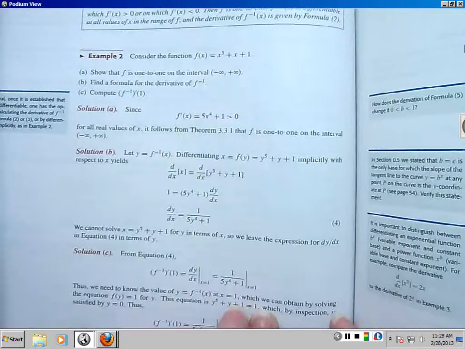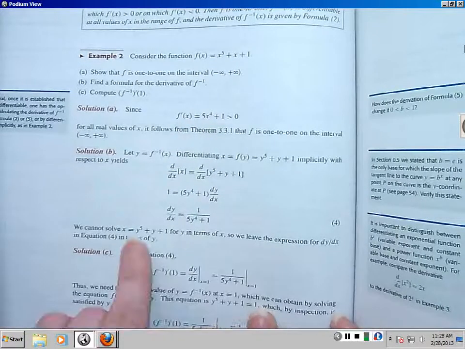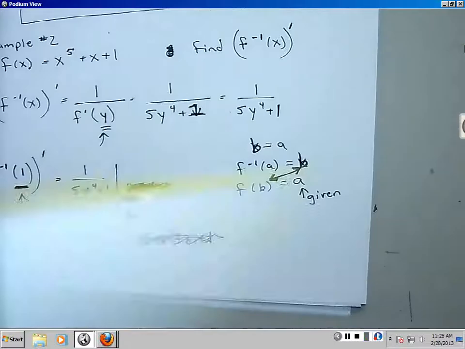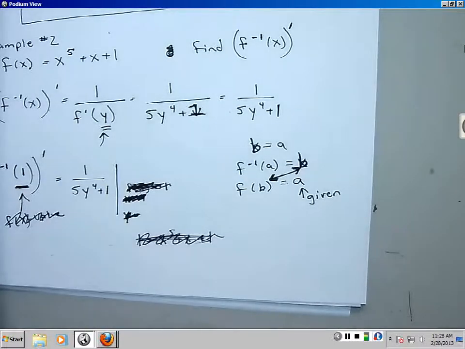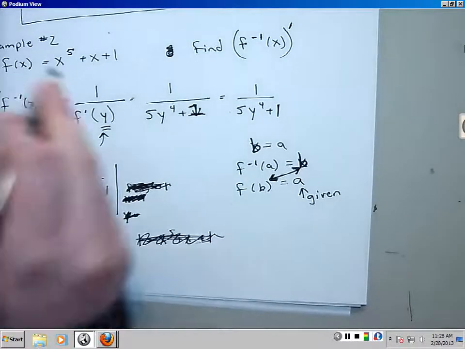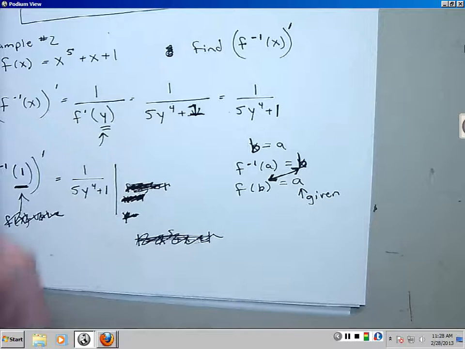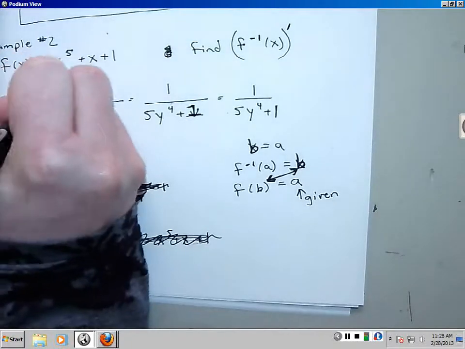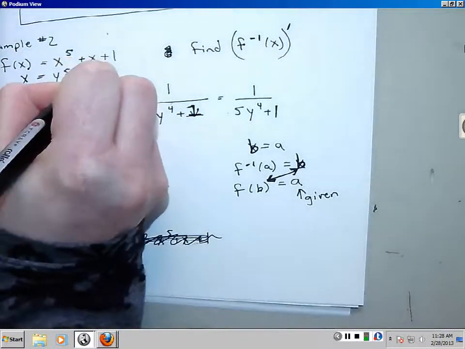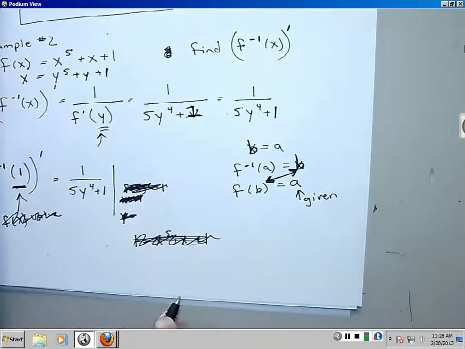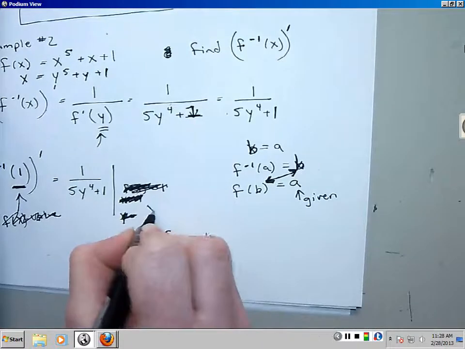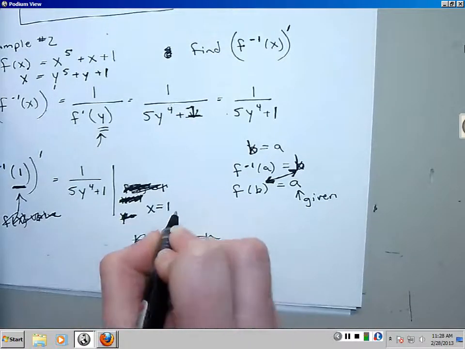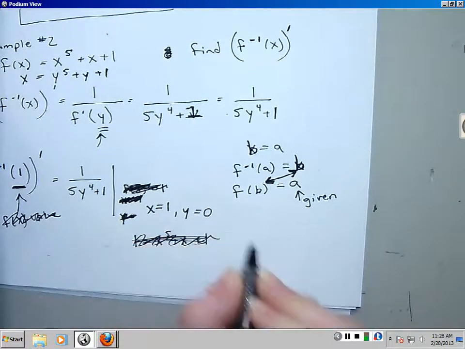But you're really plugging it back into the inverse, so a good approach is to write the inverse function in terms of y. So really you can say x equals y to the 5th plus y plus 1. And then they give you x equals 1, so therefore y equals 0.